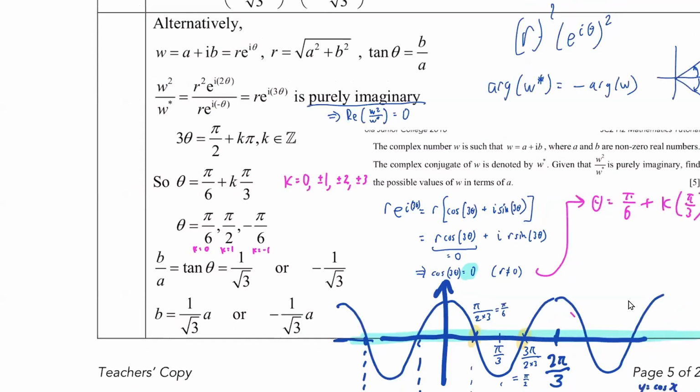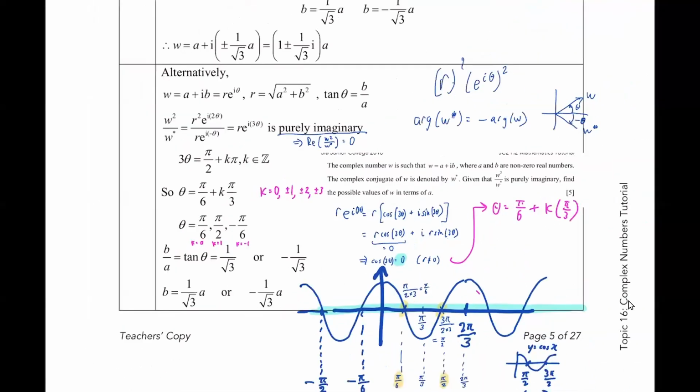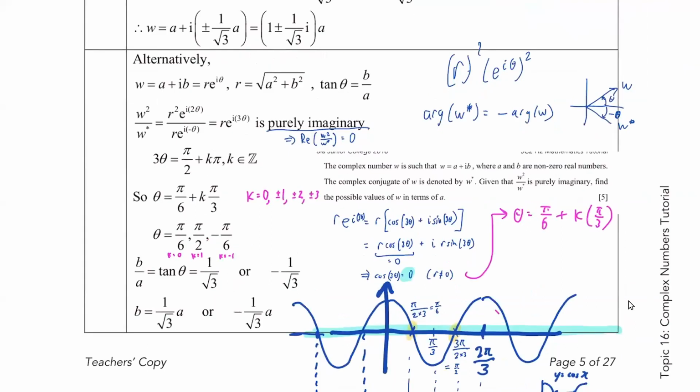So now we solve for the theta. We just use this formula here: tangent theta equals P over A. Then we just have to sub in the theta with those possible values. What you realize is that in either of these cases, you either get 1 over square root 3 or -1 over square root 3. Do you understand why? Okay, let's see. If theta equals pi by 6, tangent pi by 6, you will get 1 over square root 3.